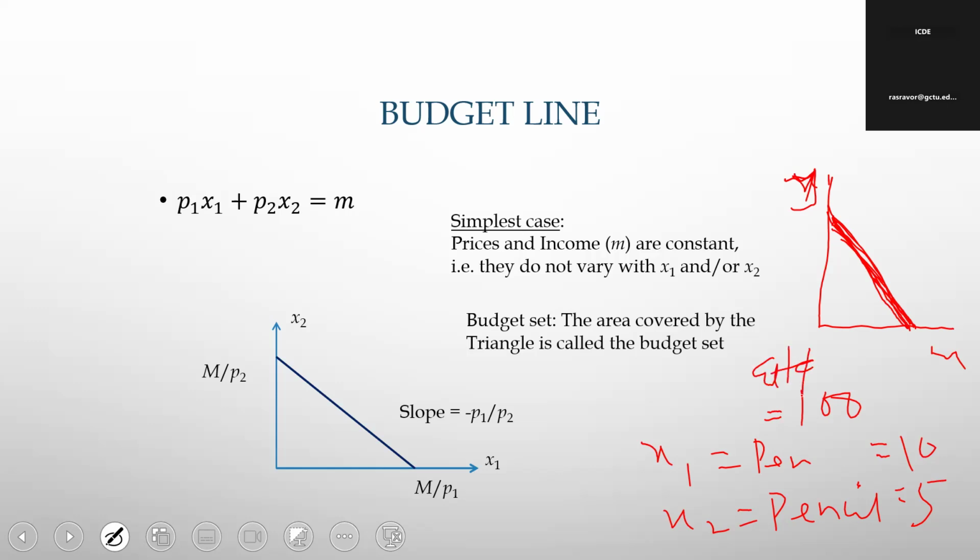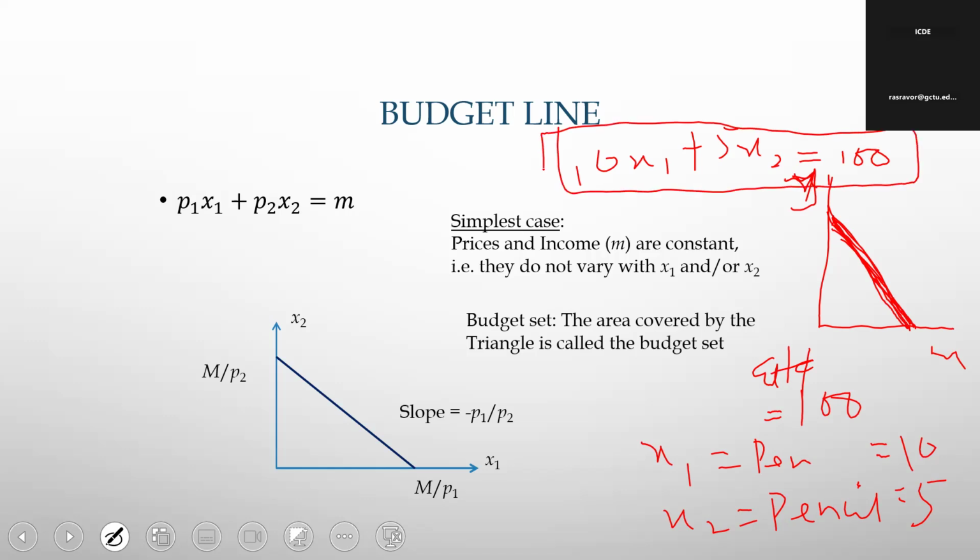So the question is, how do I combine this? I would say 10 times X1 plus 5 times what? X2 should be equal to my 100 Ghana cedis.